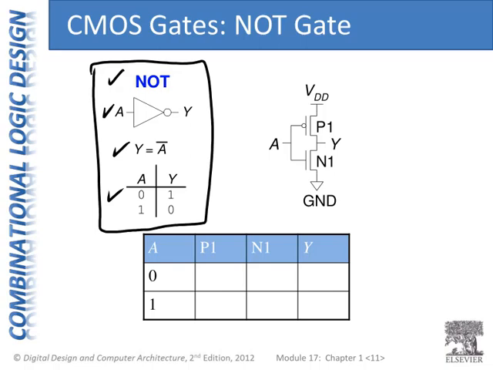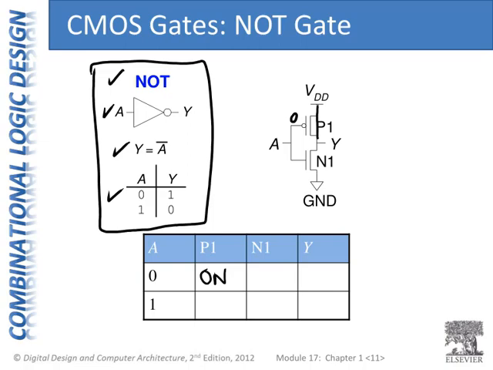Now we're going to build it at this lower, transistor level. When A is 0, we expect the output to be 1, but let's see if it actually happens in our transistor-level gate. Our P1 transistor, or PMOS 1, has a 0 at its gate, so that means it's on. In other words, it's conducting between our other two terminals, our D and S terminals.